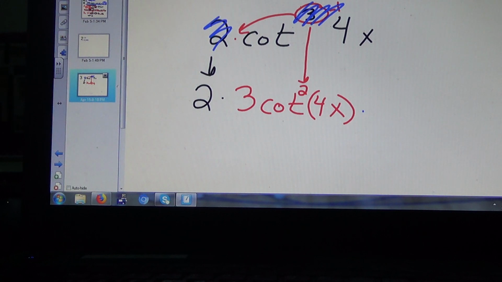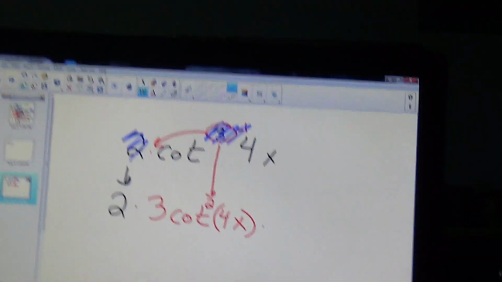The derivative of cotangent is negative cosecant squared. Alright, let's put that back here and get it set up again now.